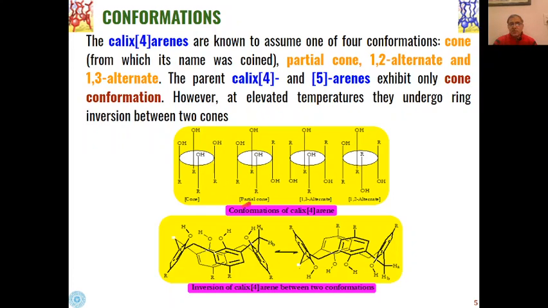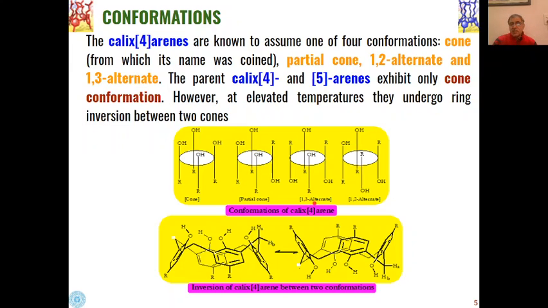Then the partial cone is where 3 aromatic rings are on the same side, whereas one aromatic ring is present on the side of the hydroxyl groups and one hydroxyl group is present on the side of the aromatic rings. This is called the partial cone.